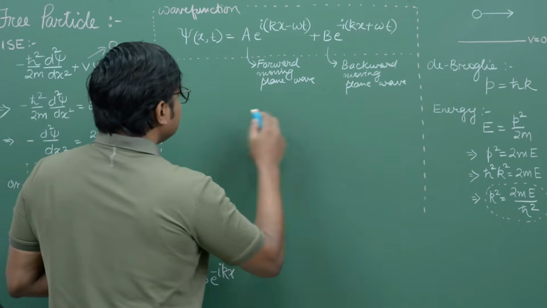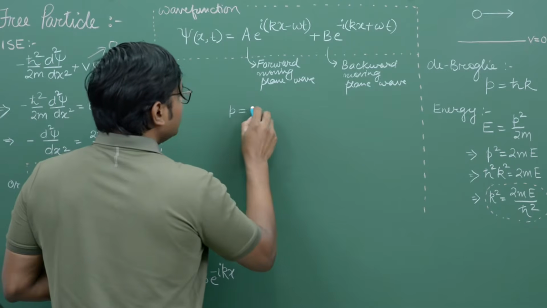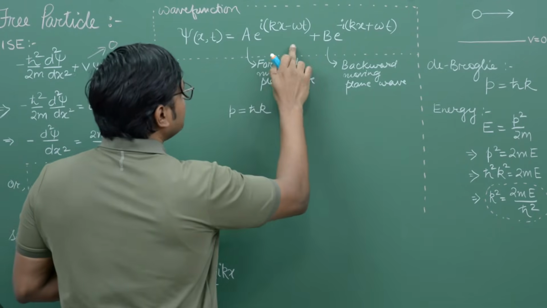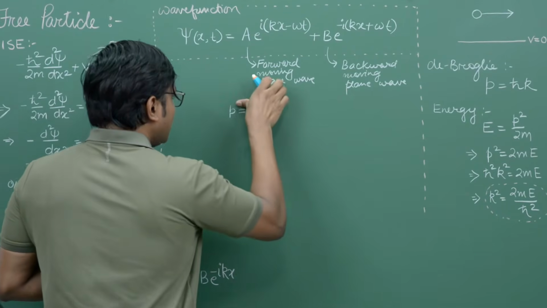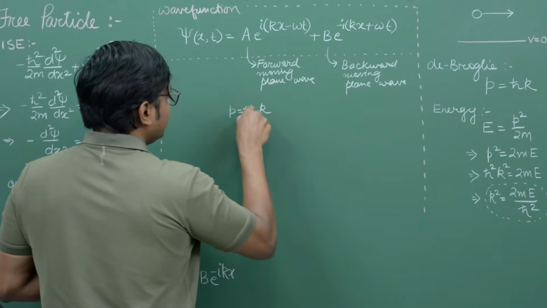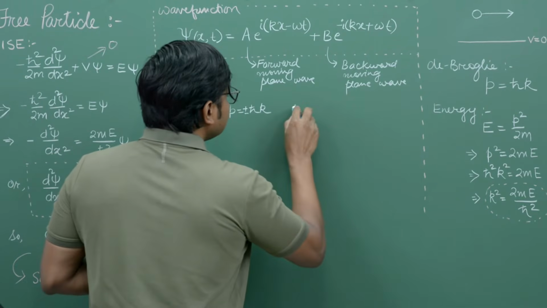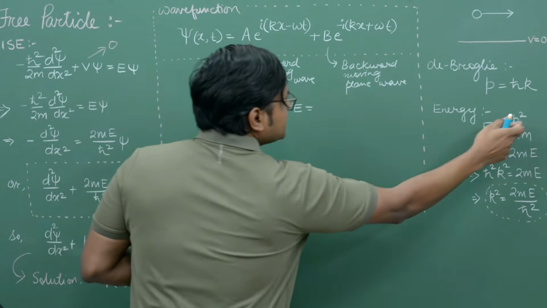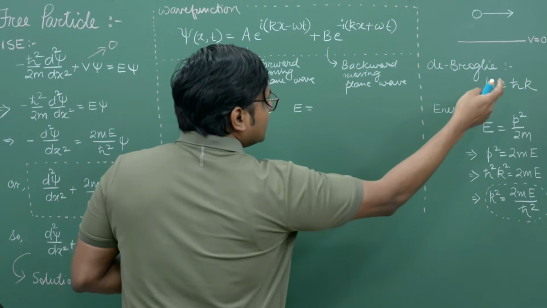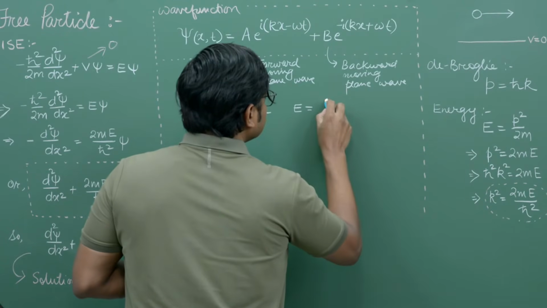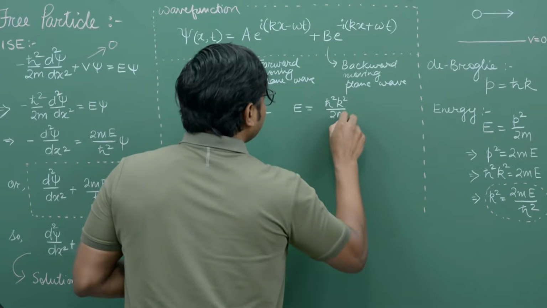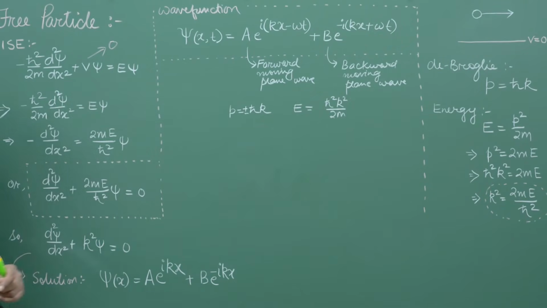So what is the fixed momentum? The momentum is p equals h cross k, but for the forward moving particle it is plus h cross k, and for the backward moving particle it should be minus h cross k. And similarly, the energy of the particle is p square upon 2m. If I substitute h cross k here, I should get h cross square k square upon 2m, again for the particle moving forward and backward.